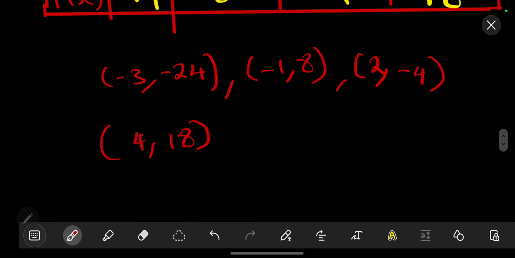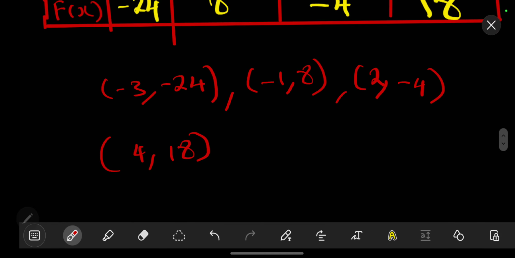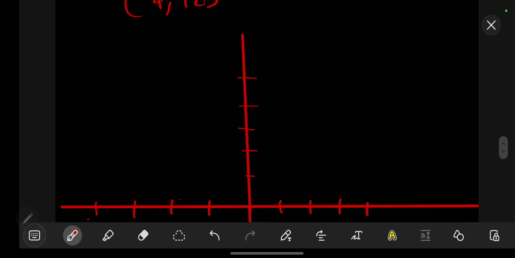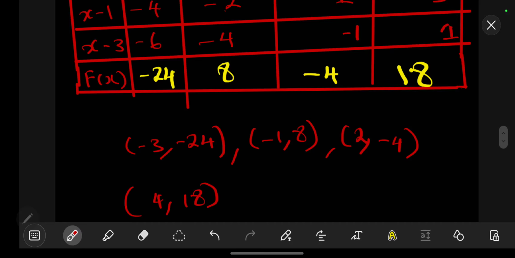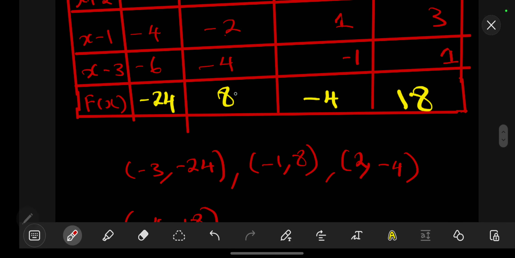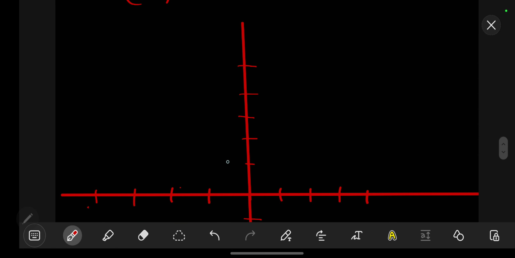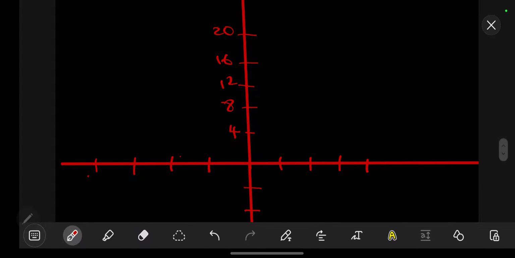We know the intercepts. So let's come up with our graph now. Let's look at our intervals, the values of y. We have a negative 4, we have 8, we have 18, we have 24. So the best scale that we can use here is using 4s. So we are going to have 4, 8, 12, 16, 20 like that.